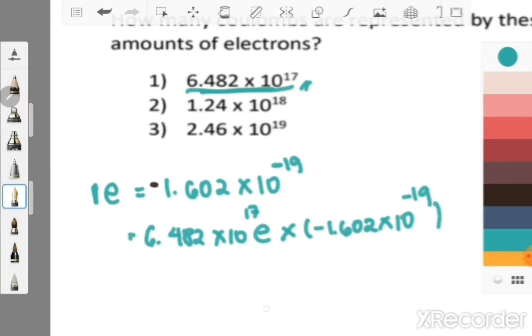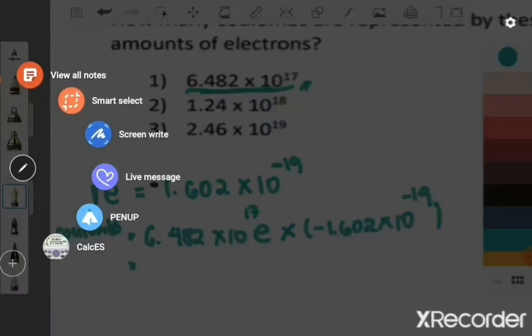So, the charge in coulombs is equal to, using our calculator. I have here my 991 ES, in case you forget your calculator.